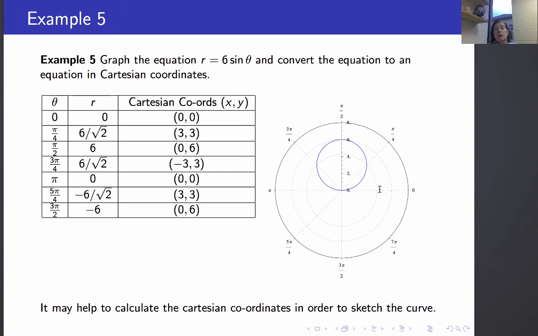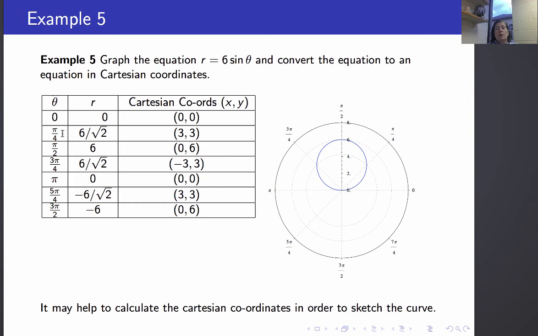And of course, once you've figured out what the r is corresponding to a given value of theta, you can convert to Cartesian coordinates using the equations x equals r times cosine theta, y equals r times sine theta. So for example, when theta is pi over 4, you can calculate from your equation that r equals 6 times 1 over the square root of 2, which is 6 over the square root of 2.